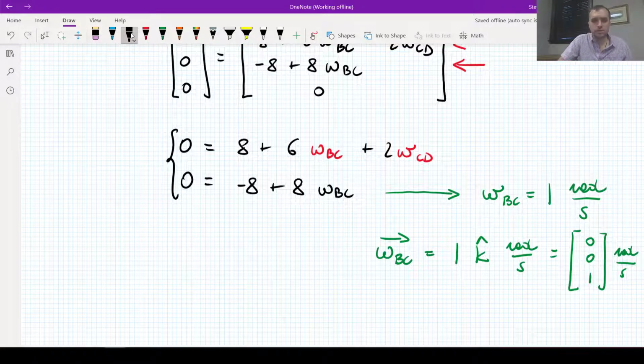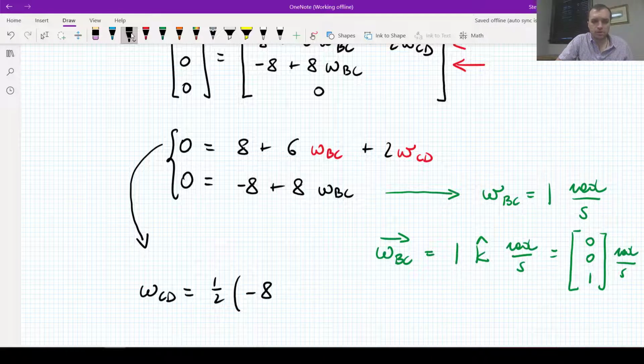Okay, now omega CD from this expression will be equal to half times minus 8 minus 6 times 1. So this will be minus 7 radians per second.